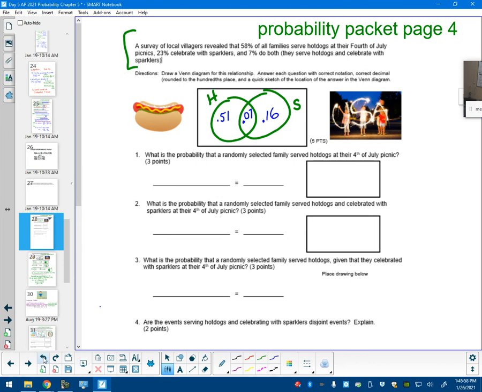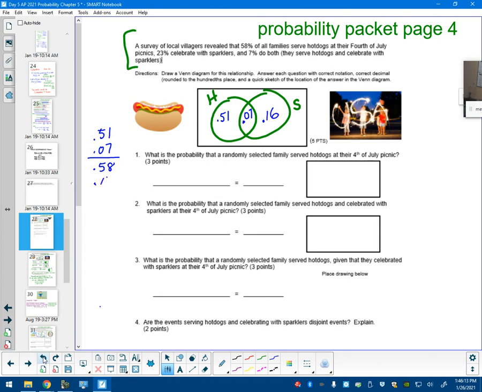Yep. And now there's one step left. Everything should add up to what? 1. But let's see if it does. 51 plus 7 is 58.